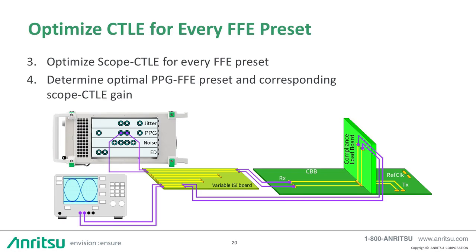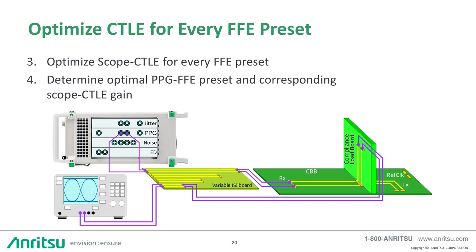In step 3, optimize the oscilloscope continuous time linear equalizer for every transmitter FFE preset, all 11 of them. The unimpaired BERT pattern generator output is transmitted to the worst case 37 decibel channel on the variable ISI board as shown here.